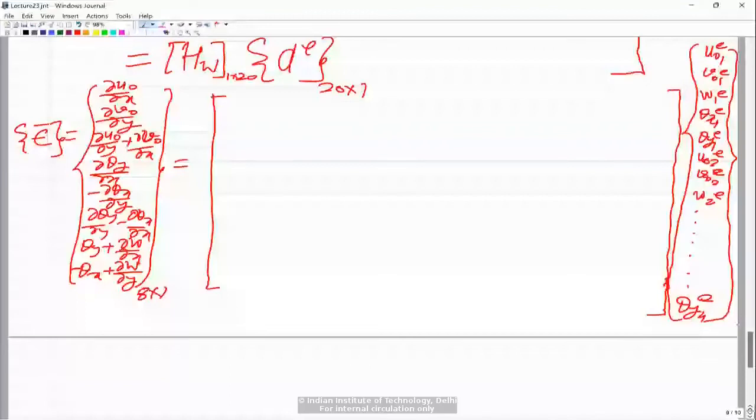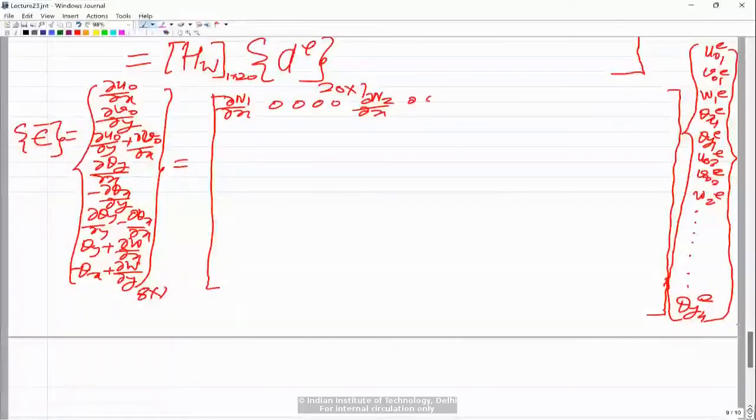So we put here del n1 by del x, and then 4 zeros, then del n2 by del x and 4 zeros, del n3 by del x and 4 zeros, del n4 by del x and 4 zeros. So that's the first term. I will not write all the elements. Similarly you can complete this.